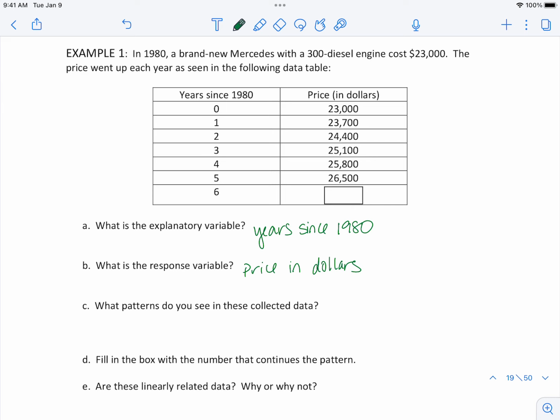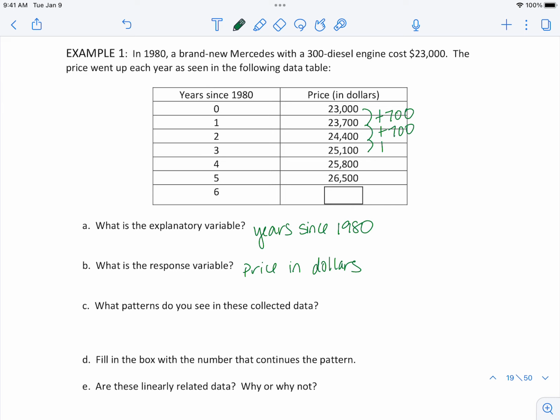What patterns do you see in the collected data? If we look at the price here, we go from 23,000 to 23,700. That's an increase of 700. 23,700 to 24,400 again was an increase of 700.